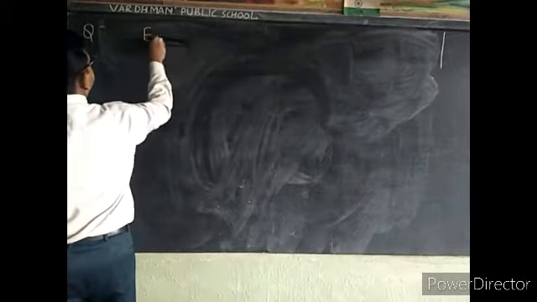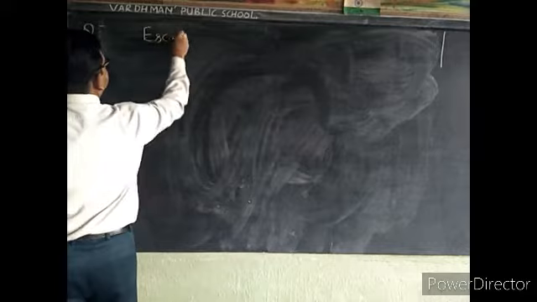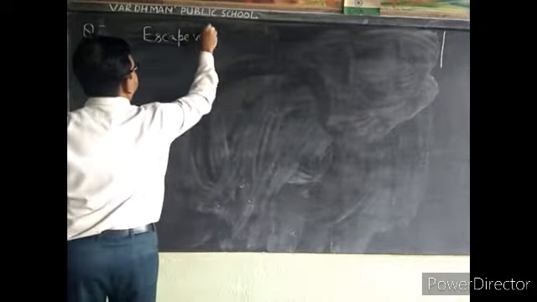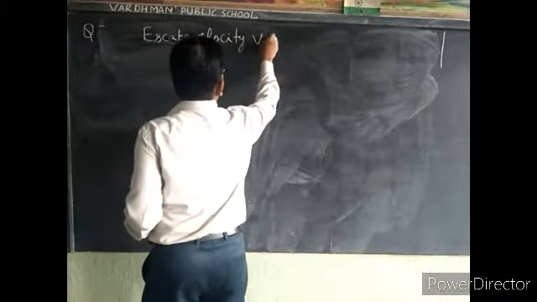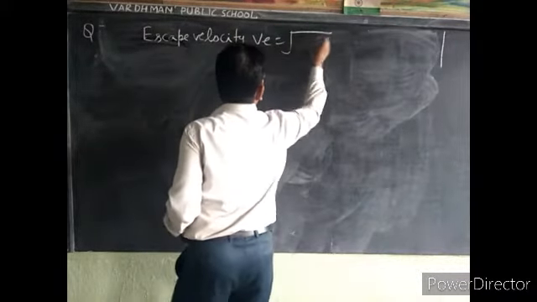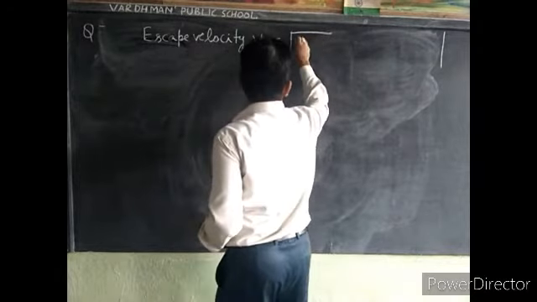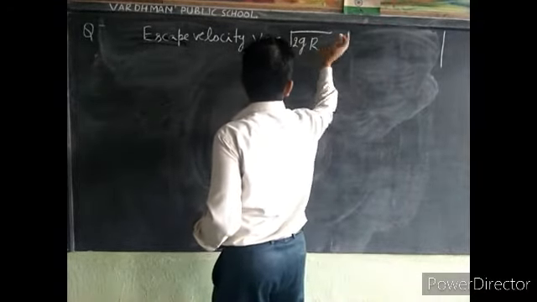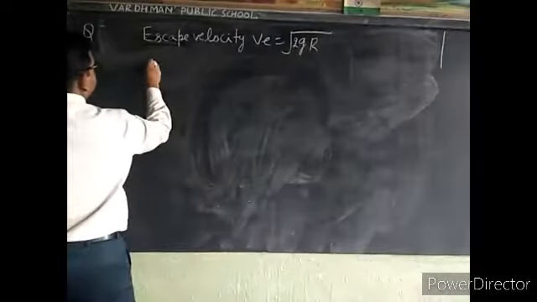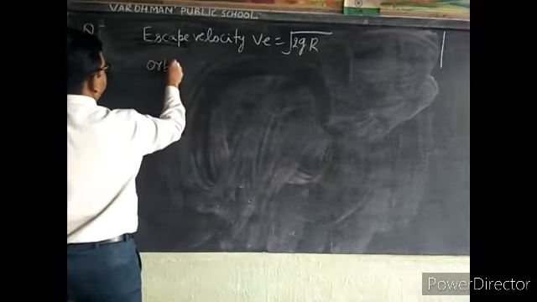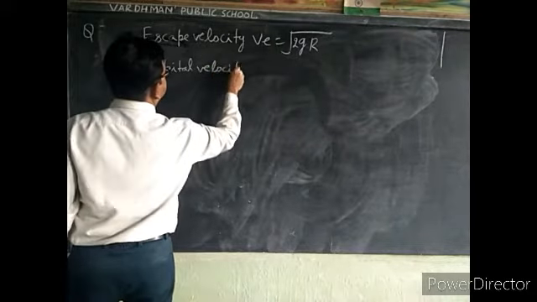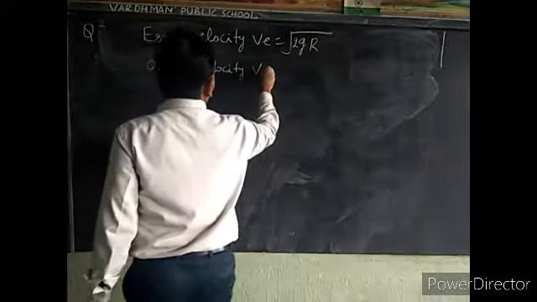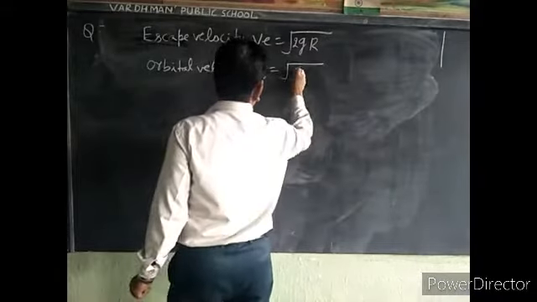Escape velocity Ve is equal to under root 2GR, and orbital velocity Vo is equal to under root GR.